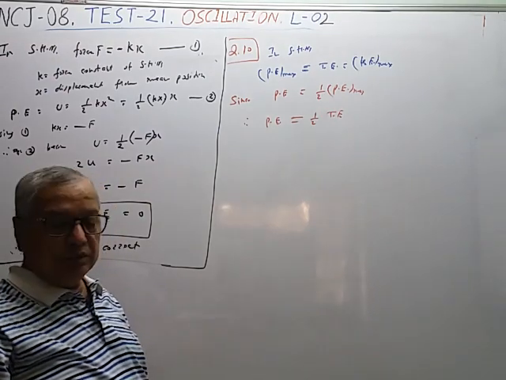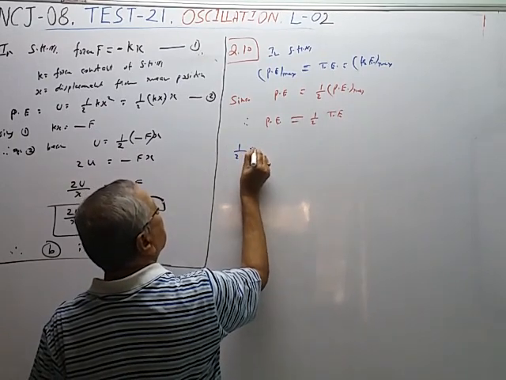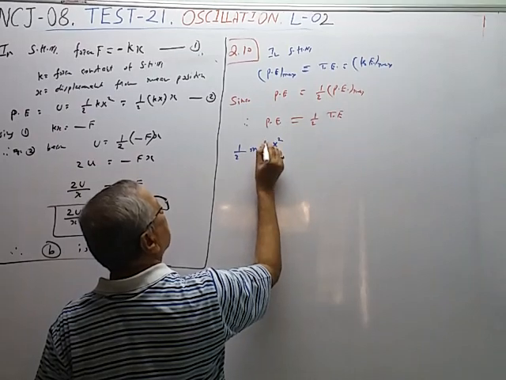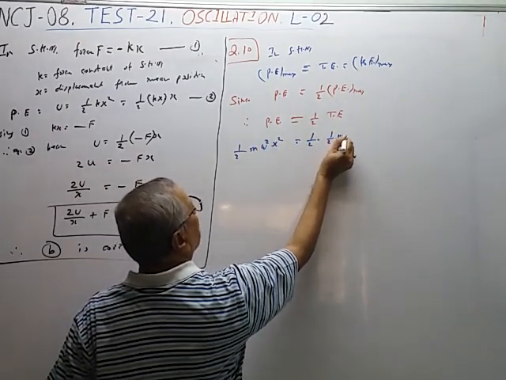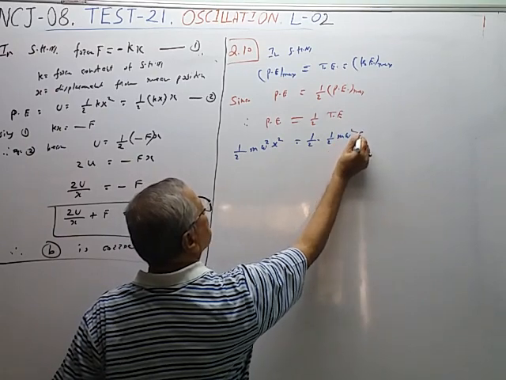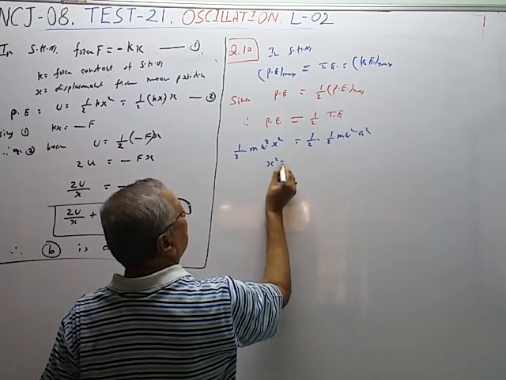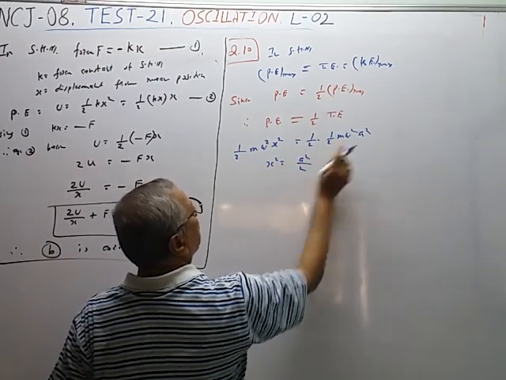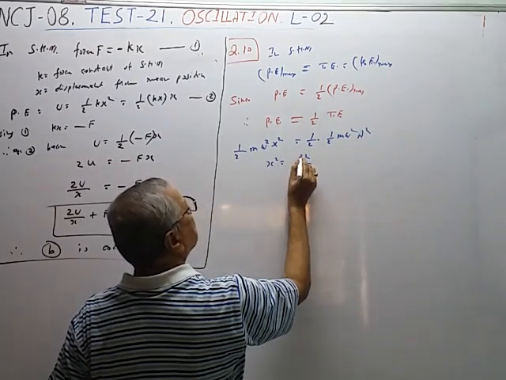Now substitute the values. In SHM we know that potential energy is given by 1/2 m omega square x square, and this is equal to 1/2 m omega square A square. So 1/2 m omega square will get cancelled, and therefore x square is equal to A square by 2. A is the amplitude. In the problem, capital A symbol is used.